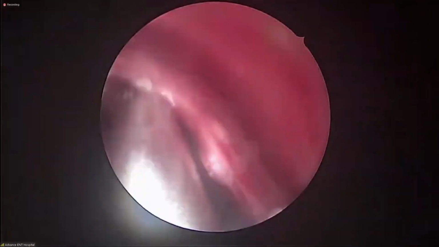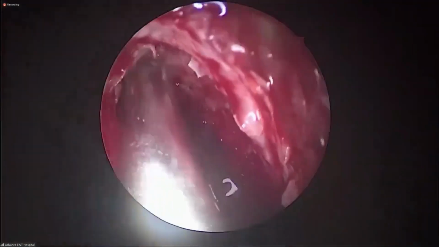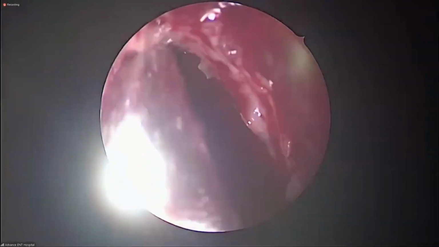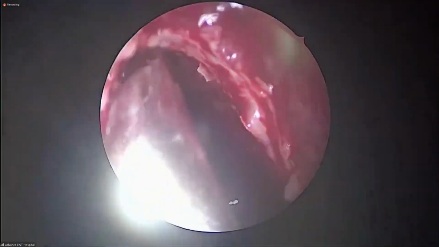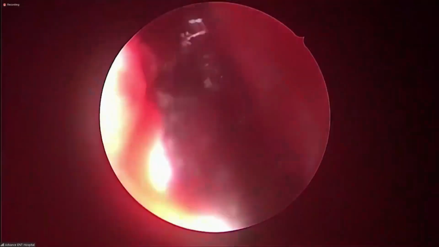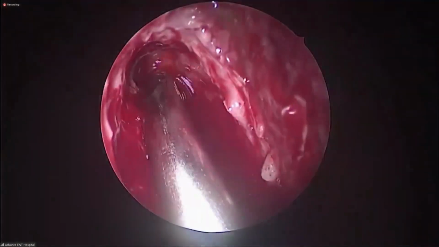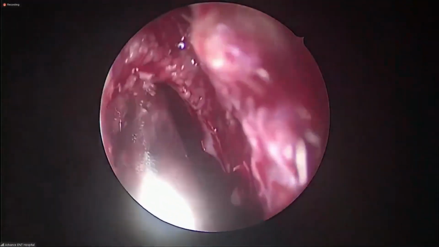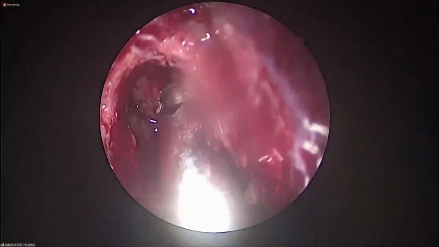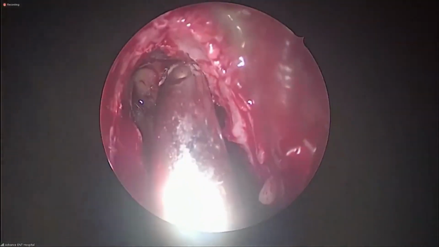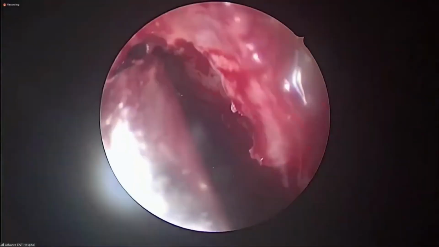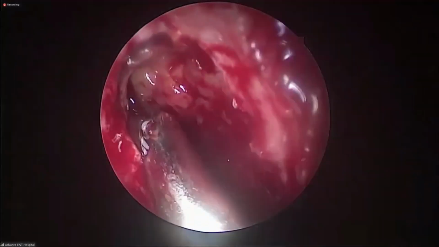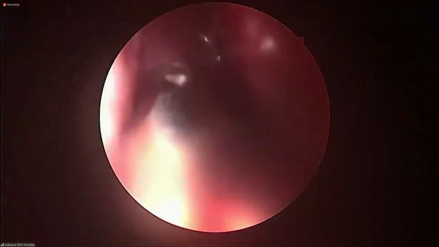And this is at the level of the axilla, to look for the frontal beak. Very interesting anatomy coming up.